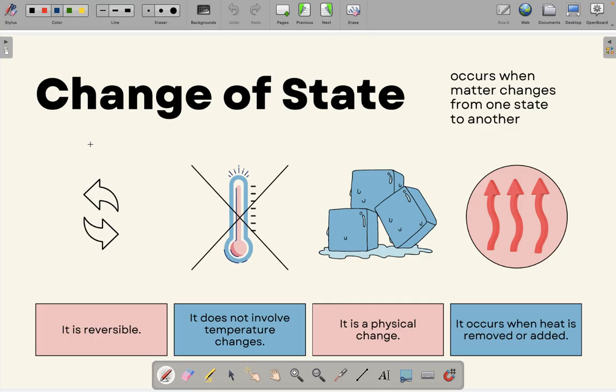The first thing that you should know about change in state is that it is reversible. Understanding this through water is very easy. You have ice, right? Ice is solid, right? And then you have water. Water is liquid.